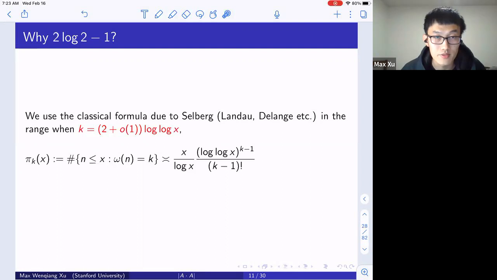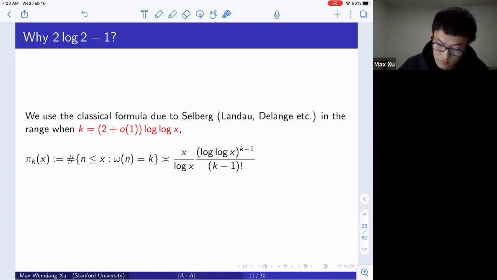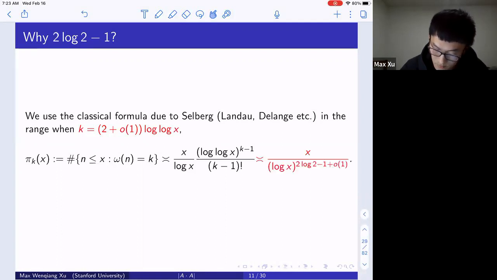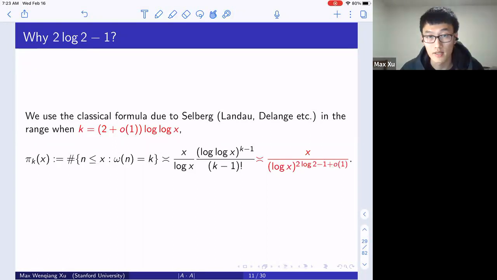There are also parallel results for capital omega of n, but let's just mention little omega of n here. By plugging in k equal to 2 log x into the formula, we should get an asymptotic formula like this. Yes, Selberg. Thank you, Demetrius.